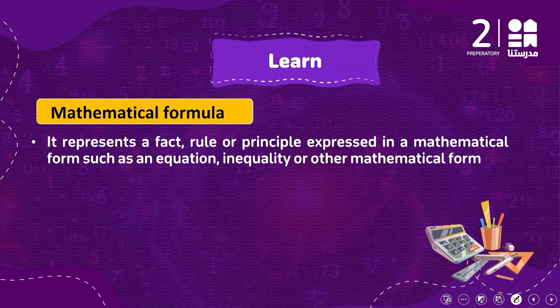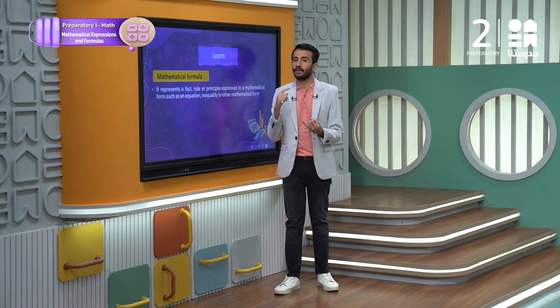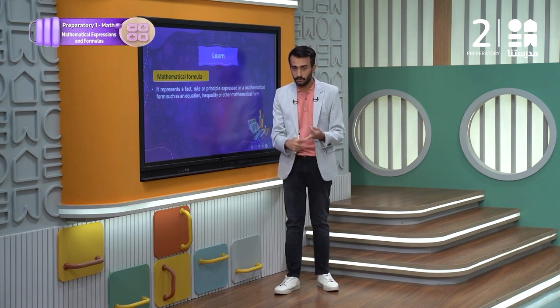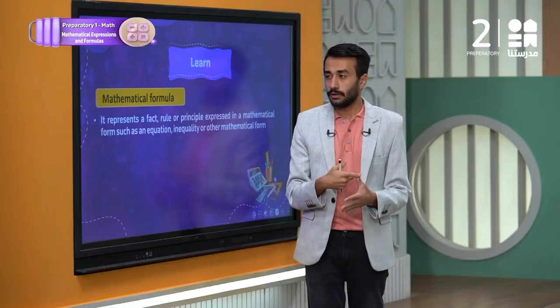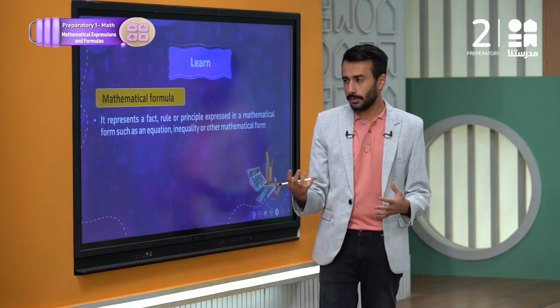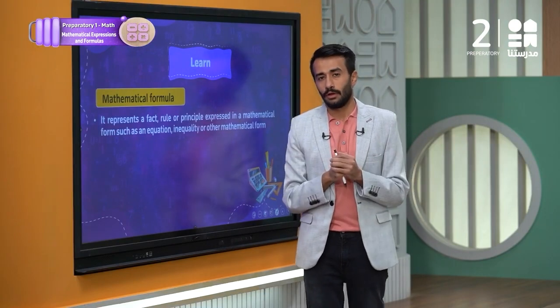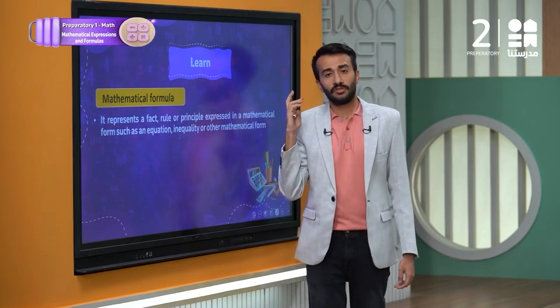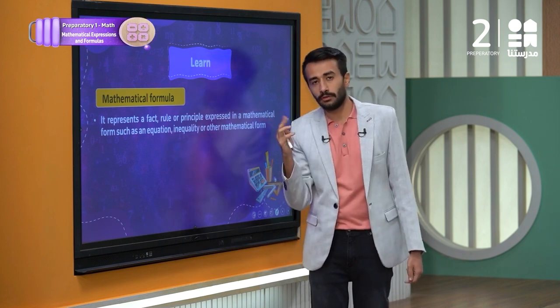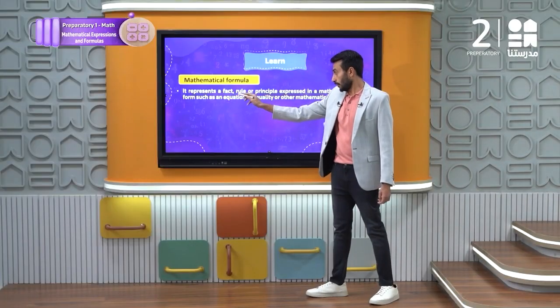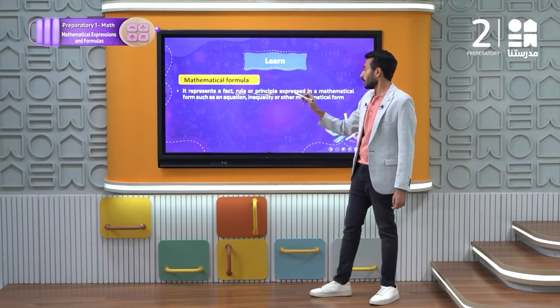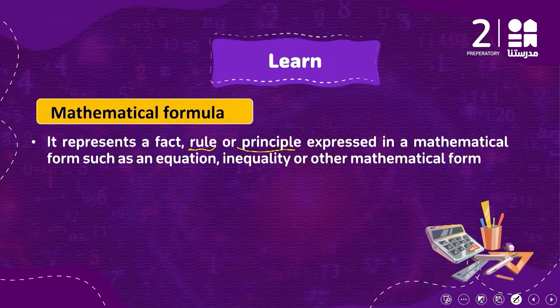Another mathematical statement is called a mathematical formula. So we have finished numerical expression, algebraic expression, equation, which uses an equal sign, and inequality. Last, we have formula. A formula, in fact, is a rule, like the rule of changing from Celsius to Fahrenheit, and we have a lot of rules we will talk about here. It represents a fact or rule or principle expressed in a mathematical form, such as an equation.